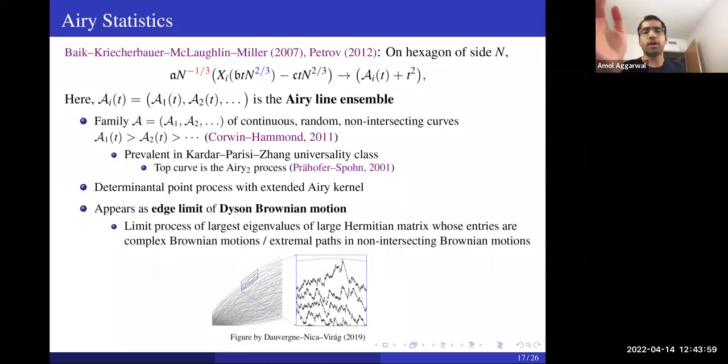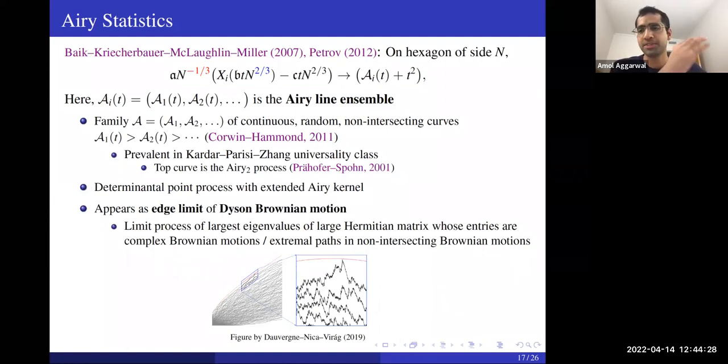So I don't want to give you a full definition of this Airy line ensemble, but I'll just quickly mention that it's a determinantal point process like we had before, but with a different kernel. The kernel now is going to be written in terms of Airy functions instead of in terms of some incomplete beta kernel. It's sometimes known as the extended Airy kernel. This Airy line ensemble appears again.